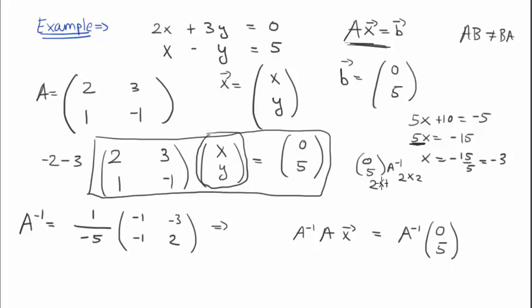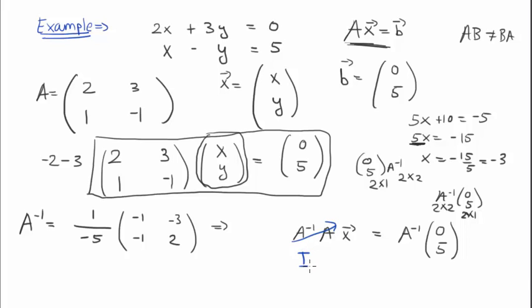In this case, this is one of the prime examples of it. So I have to do A inverse times 0, 5 because the dimensions match up. This is a 2 by 2, this is a 2 by 1, so my resulting value would be a 2 by 1, okay? So now when I do this, A inverse times A will just be the identity matrix.